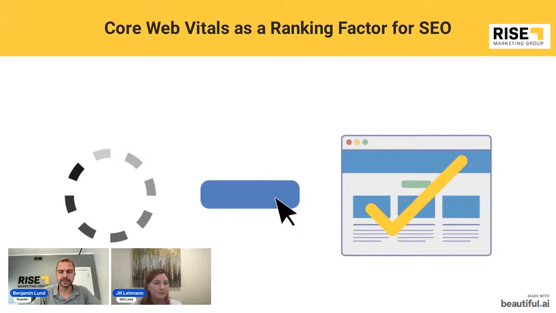Yeah, definitely. Because you could have the best, most valuable content in the world, but if your site is really lacking from a performance standpoint, Google's not going to prioritize that. But if you have excellent Core Web Vitals and really good content, you have to believe Google is going to push you up higher and higher on the rankings.